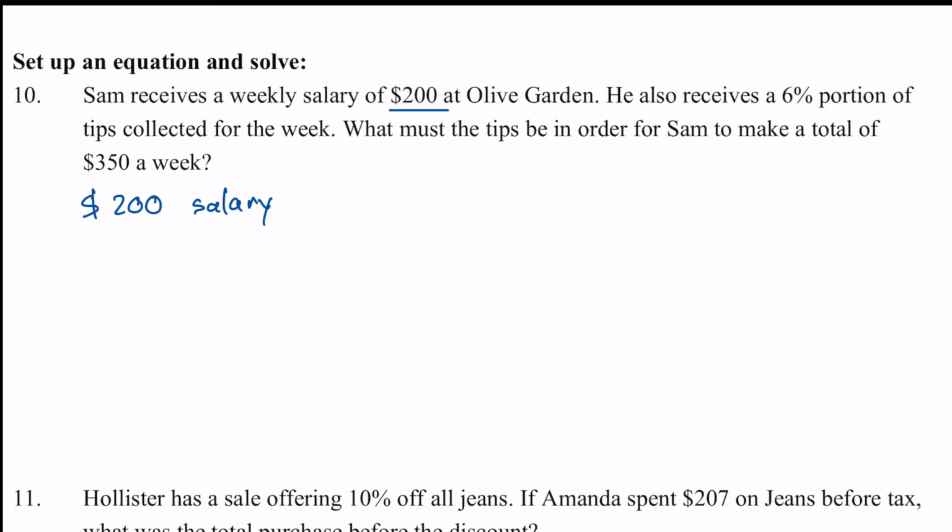So when we set this up, it's going to be 200, and we're going to add that to some other symbols. So he also receives a 6% portion of the tips collected for this week. So in this case, the tips are acting as our x. We don't know how many tips there are, and we can see that more explicitly in the next line. What must the tips be? So that's our variable x.